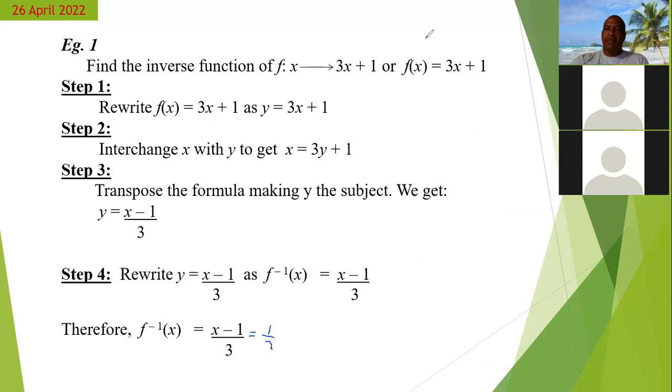If you want to write it with a little bit more elegance, you write 1 over 3 and the numerator you put in brackets. And so you would have 1/3 of x minus 1. You can write it like that too.